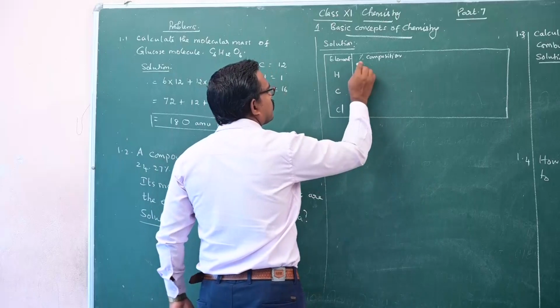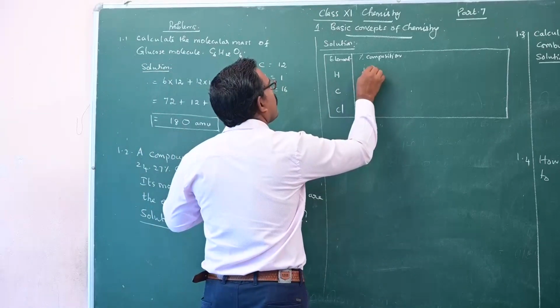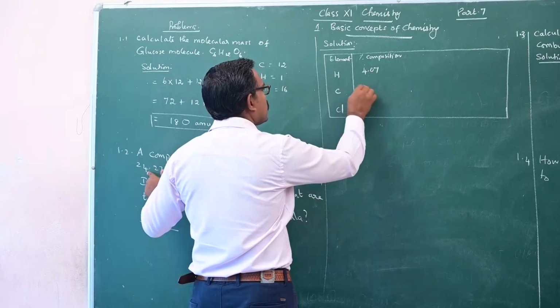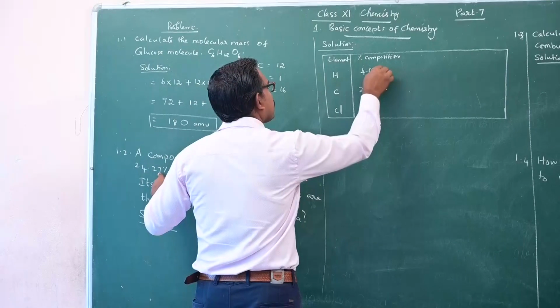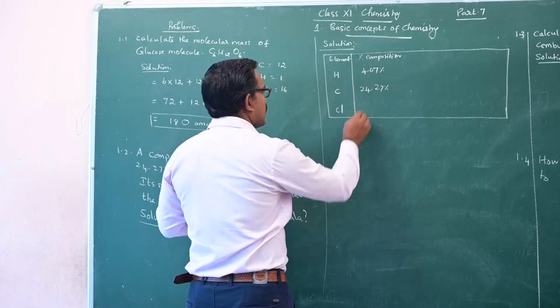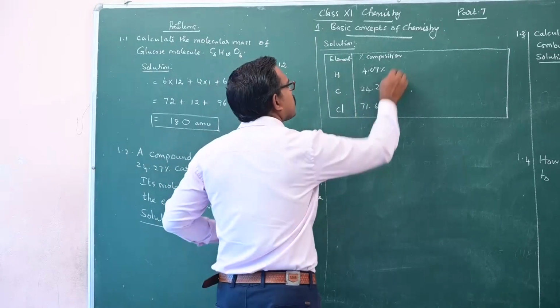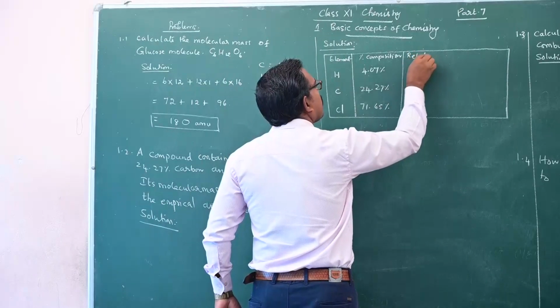Percentage composition: hydrogen 4.07 percent, carbon 24.27 percent, chlorine 71.65 percent.